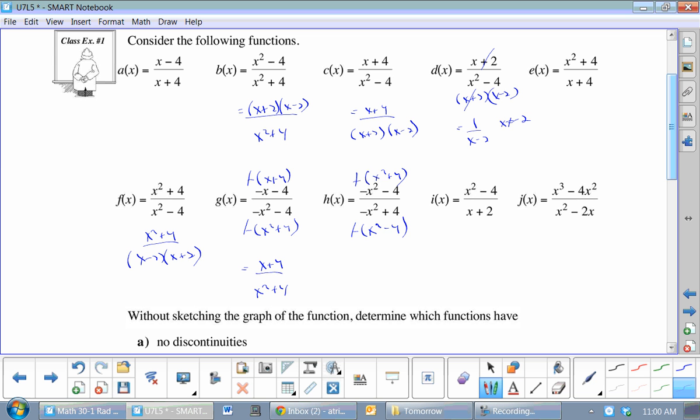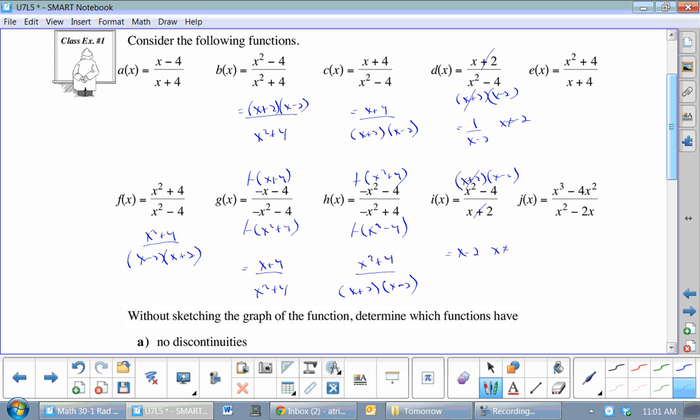So this will be x squared plus 4 over x plus 2, x minus 2. Okay, the next one, this factors 3x plus 2, x minus 2, and the x plus 2's cancel, right? So this is just going to equal x minus 2.